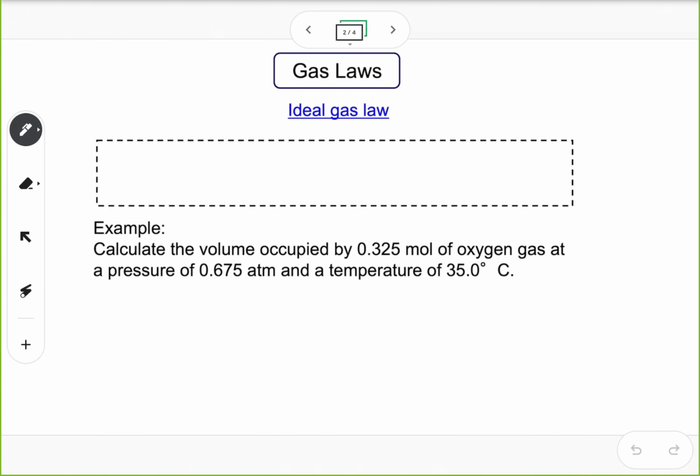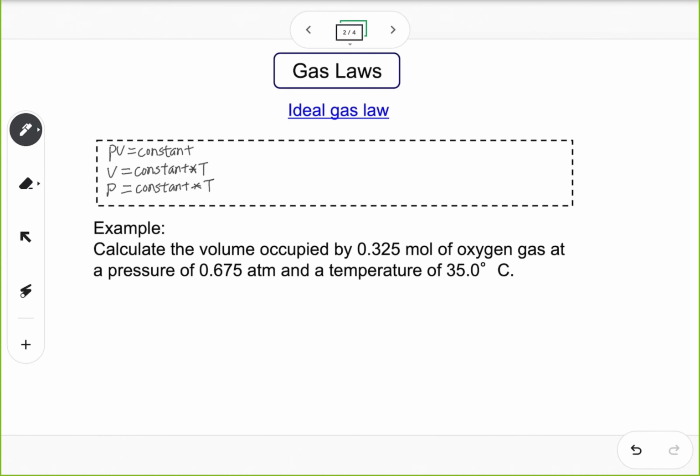In Boyle's law, we know that PV equals a constant. In Charles's law, we know that V equals a constant times T, temperature. In Gay-Lussac's law, we know that P equals a constant times temperature.